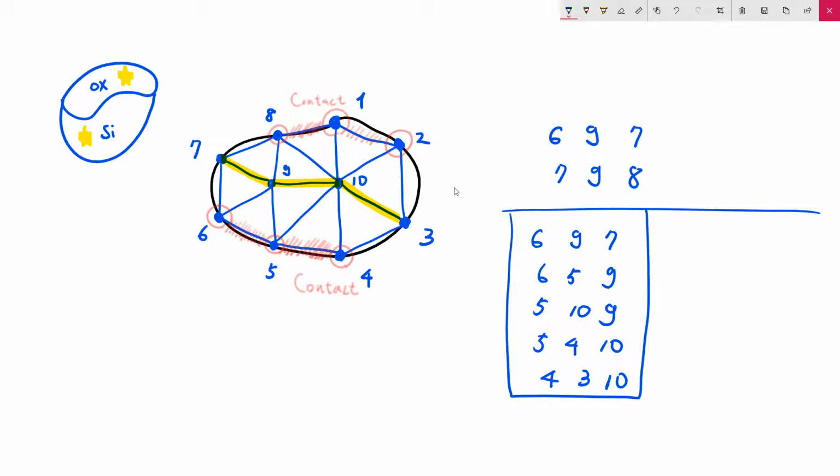And for the upper one, we have to introduce another one, like 7, 9, 8, 9, 10, 8, and 10, 1, 8, 10, 2, 1, 10, 3, 2. Everybody, are you with me? So I just specify two different regions.